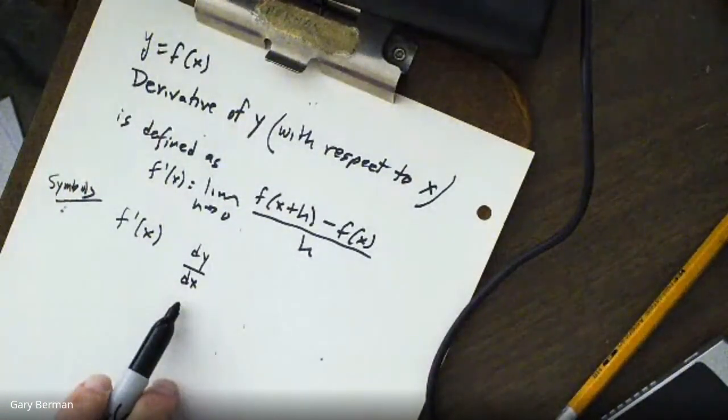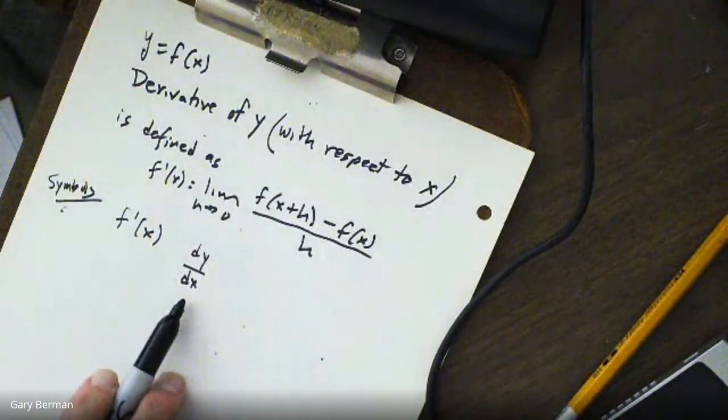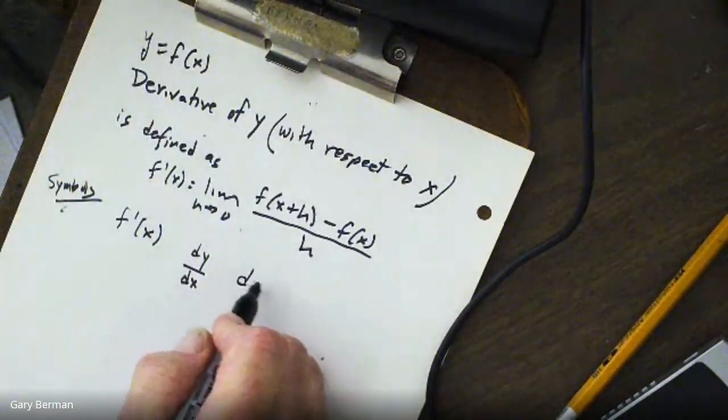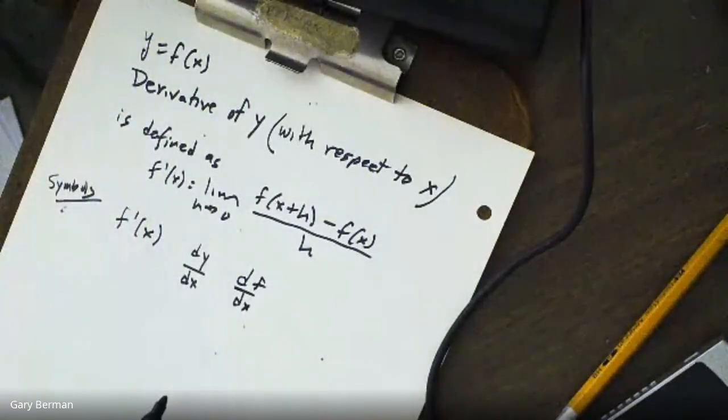This is not a fraction. Warning, that is not a fraction. This is a whole symbol that cannot be picked apart. It's a symbol. Another way we could write it is df dx, since y is f of x.